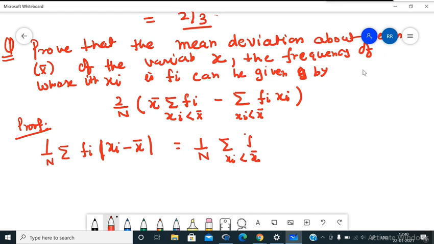Am I right? And for xi less than x bar, xi minus x bar will be negative.